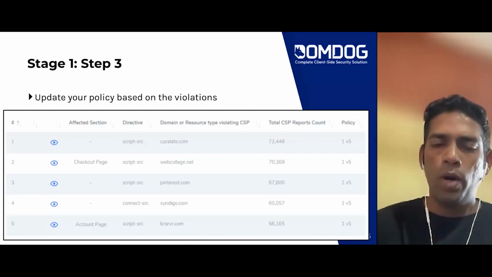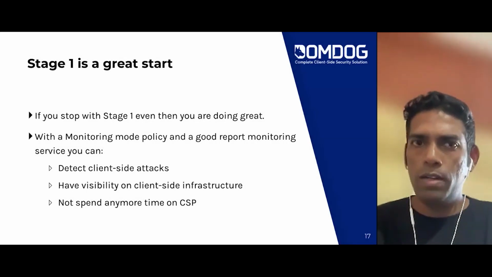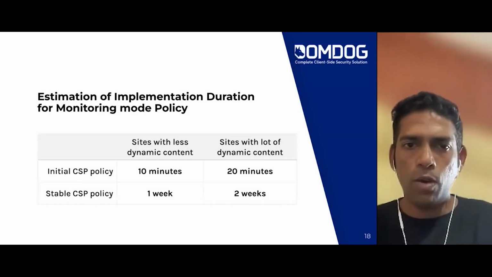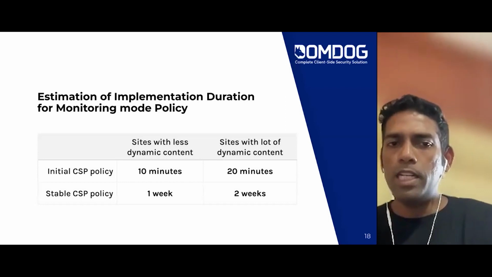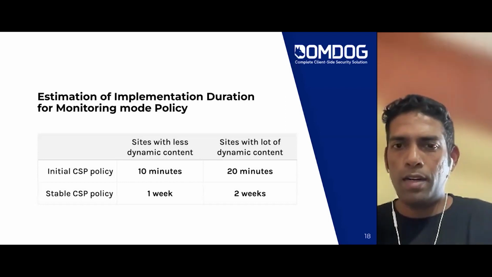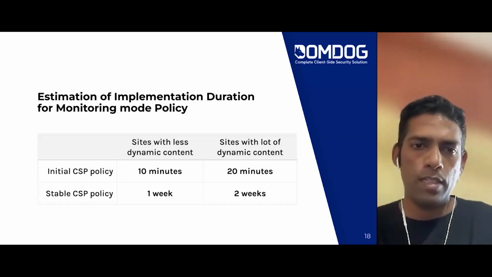And once you do it for some amount of time, then you would actually have a good policy deployed. In fact, I can give you a rough estimation of how long it would take. Your initial CSP policy creation itself should only take about 10 to 20 minutes, depending on how big your site is and how much dynamic content it has.